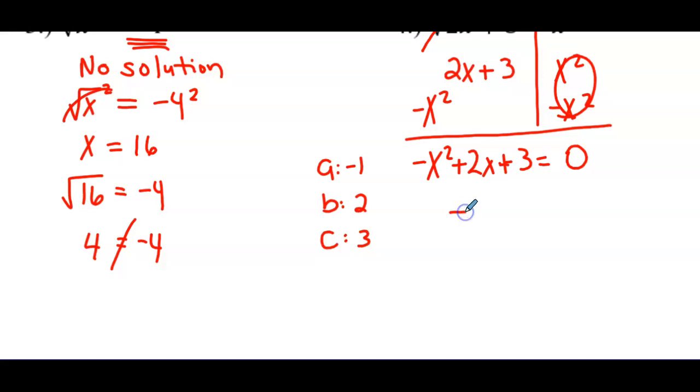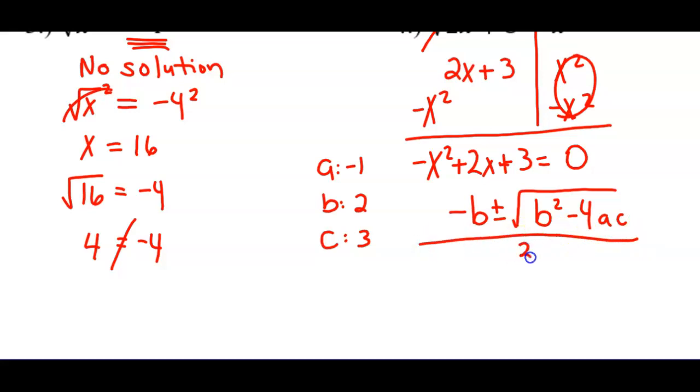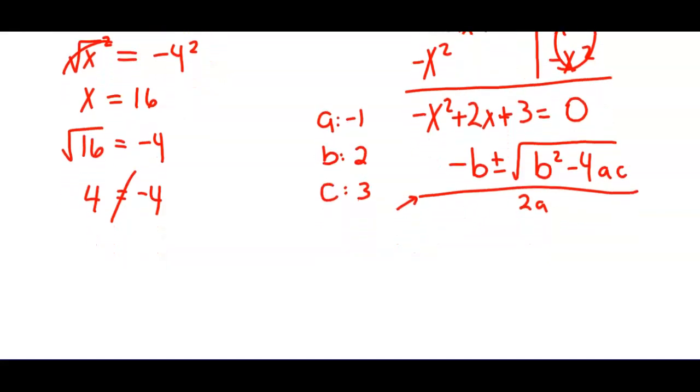Remember, quadratic formula is opposite of b plus or minus the square root of b squared minus 4ac all over 2a. This line being super long and being underneath everything on top is super important. If you mess that up, you're going to mess up your calculation.